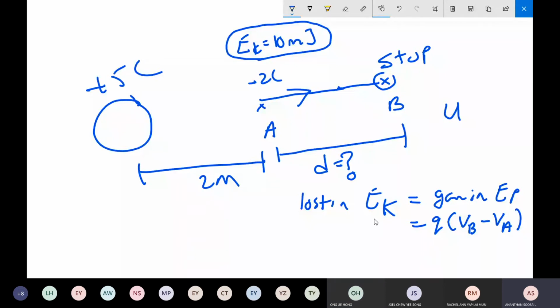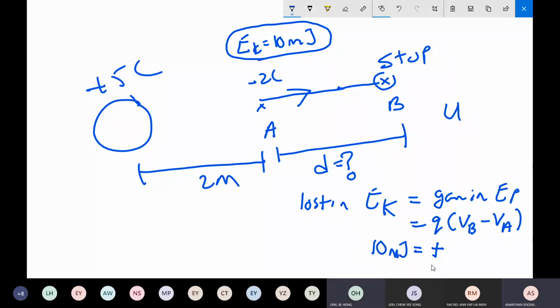Of course, this is going to be a positive answer. So here, how do you put the loss in kinetic? The loss in kinetic will be 10 millijoule.